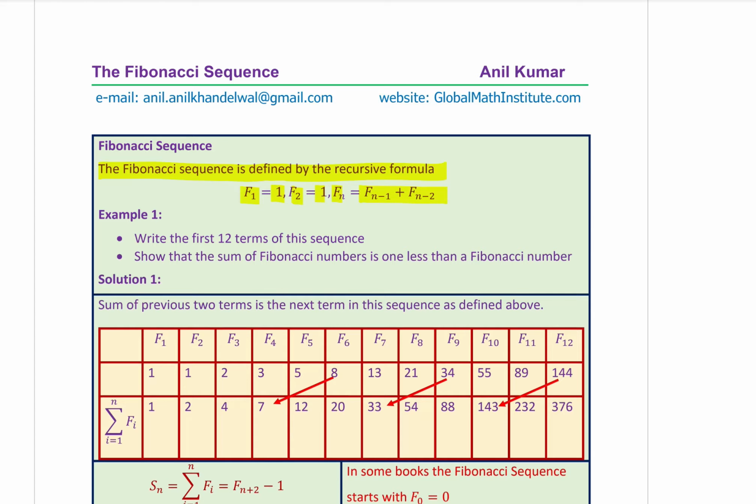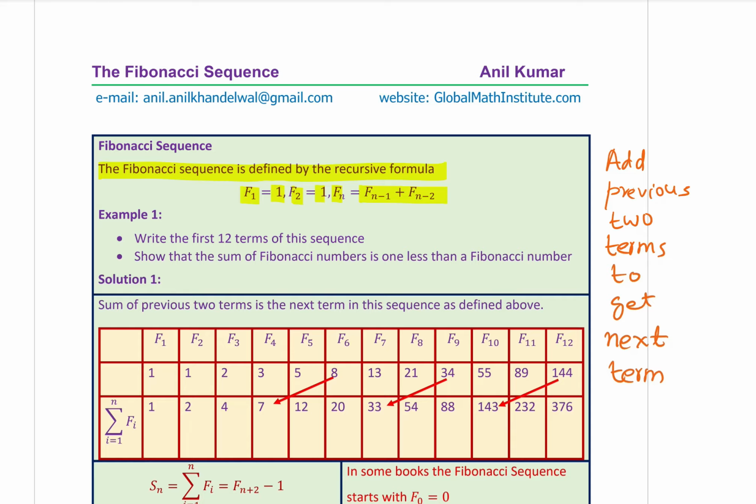So basically we add the previous two terms to get the next term, right? So that is how it is created.